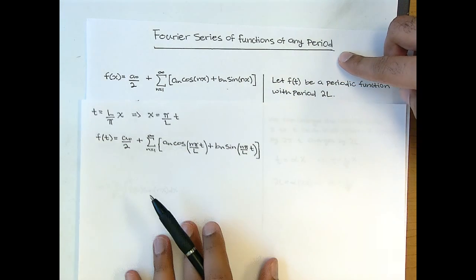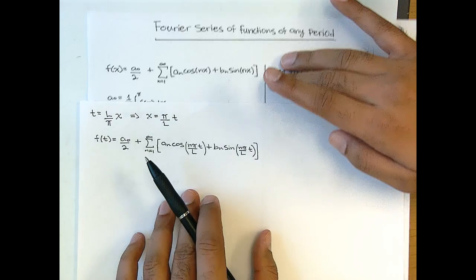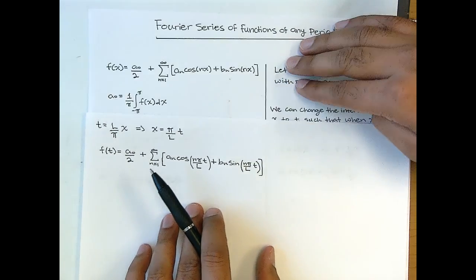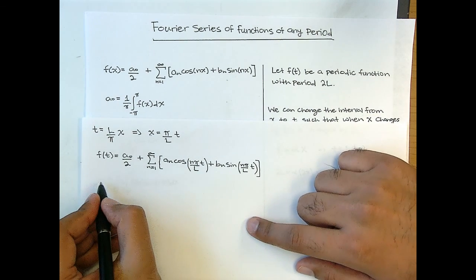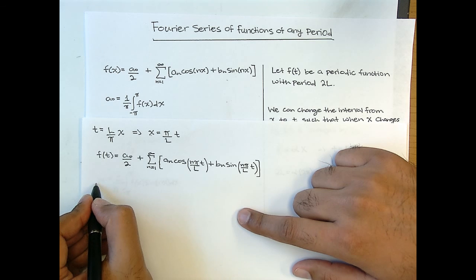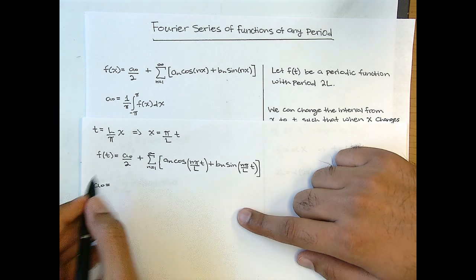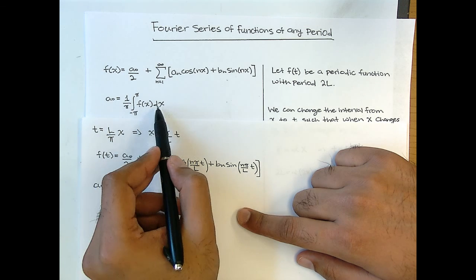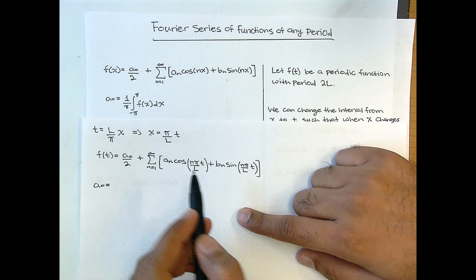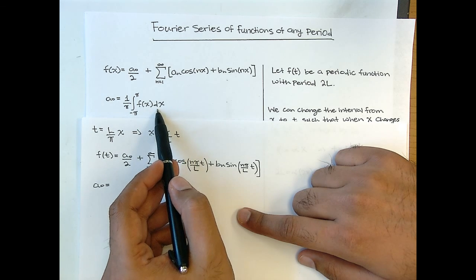Now similarly we can transform the coefficients. In this case, a0 is the integral of a function of x, so we need to write this as a function of t. So we need to somehow calculate this dx.